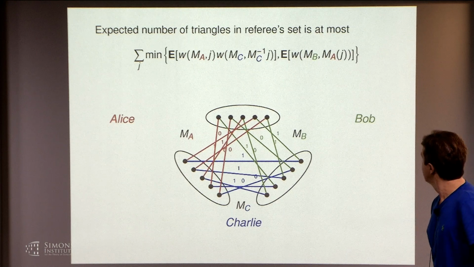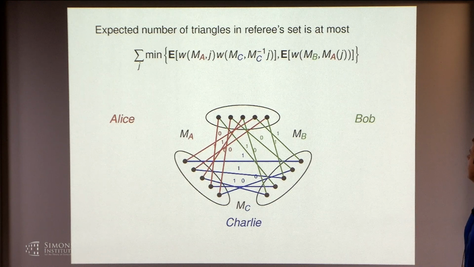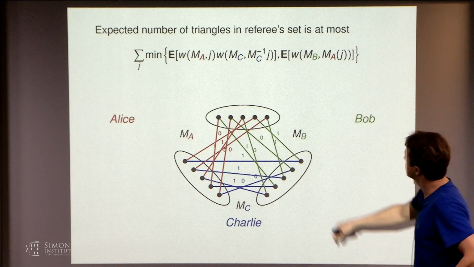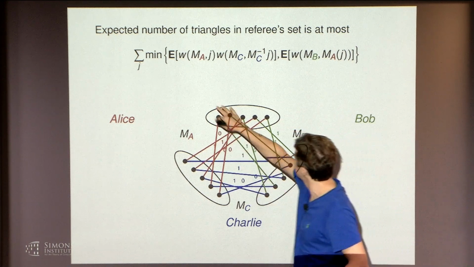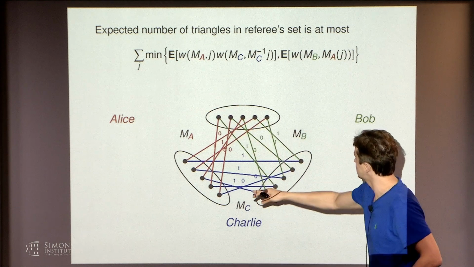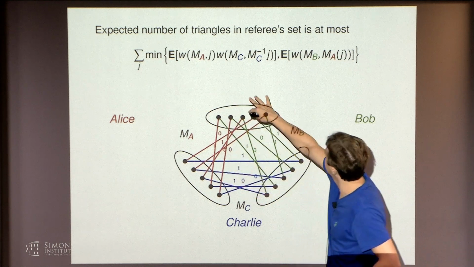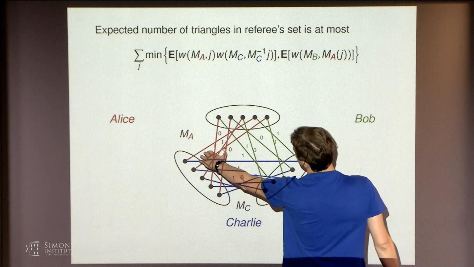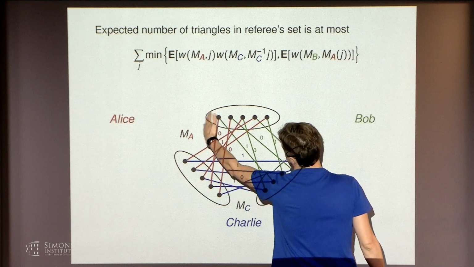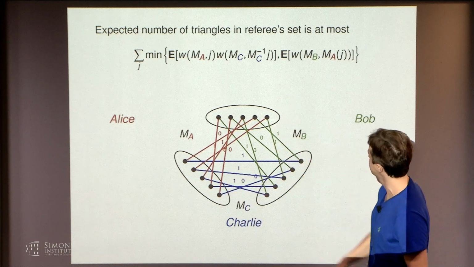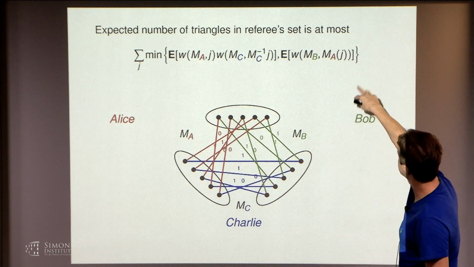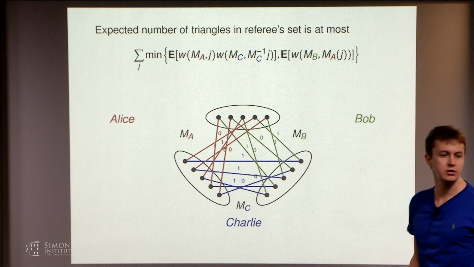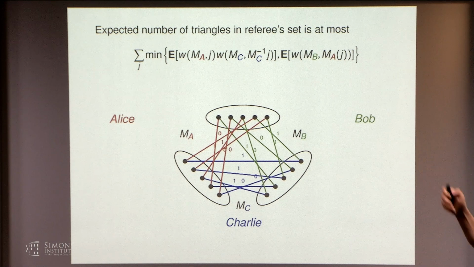Good. One can check after a certain amount of contemplation that the expected number of triangles in the referee's set is upper bounded by the following quantity. One needs to sum over all j the minimum of essentially the probability that Alice remembers the red edge going out of j times the probability that Charlie remembers the blue edge going out of j, times the probability that the remaining player remembers the third edge.